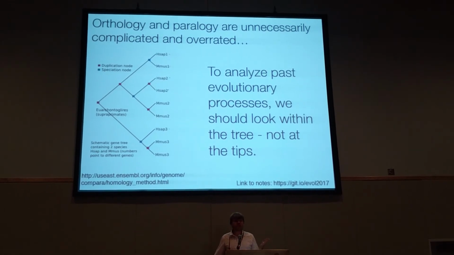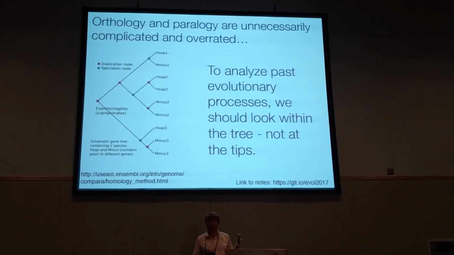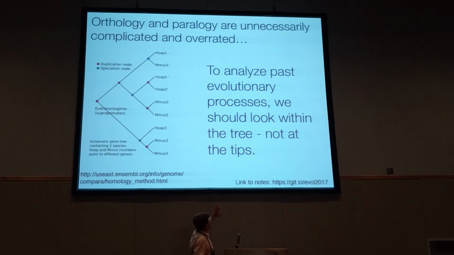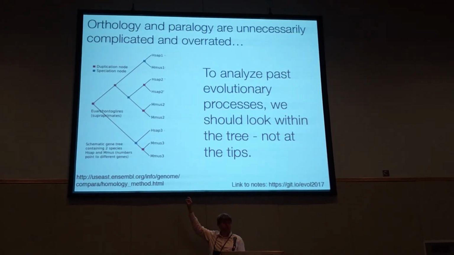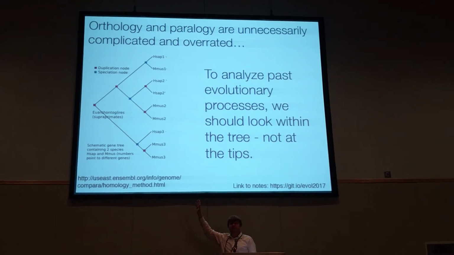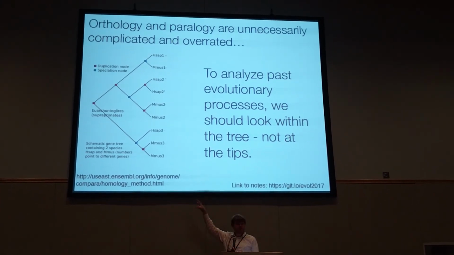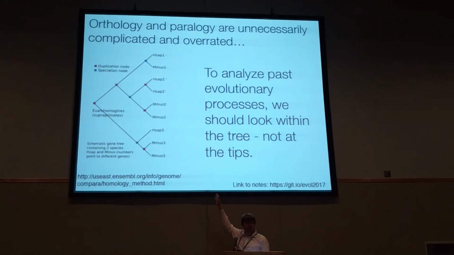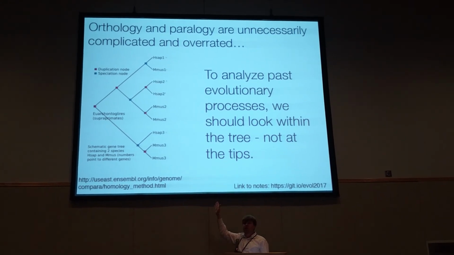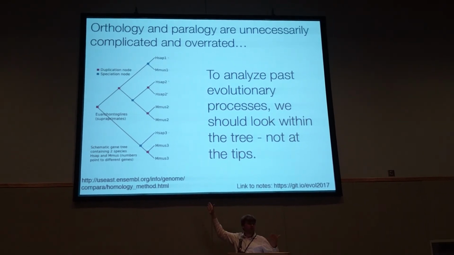So let's think about what orthology and paralogy are. Orthology and paralogy are statements about events that happen deep in the tree, right? The duplication and speciation events. Then, based on those internal duplication and speciation events, you assign genes as being orthologs or paralogs to each other. But really, we want to ask mechanistic questions about things deep in the tree.